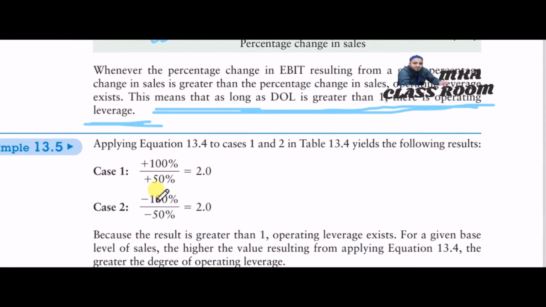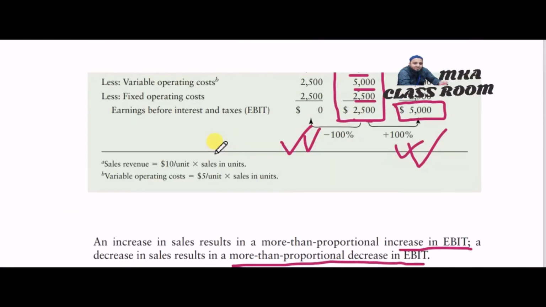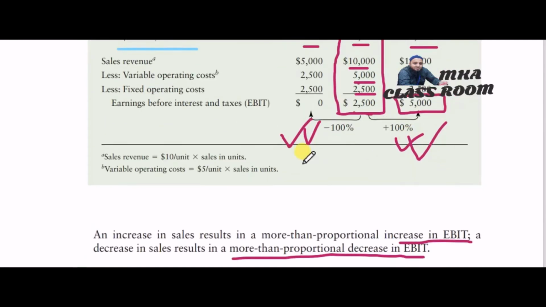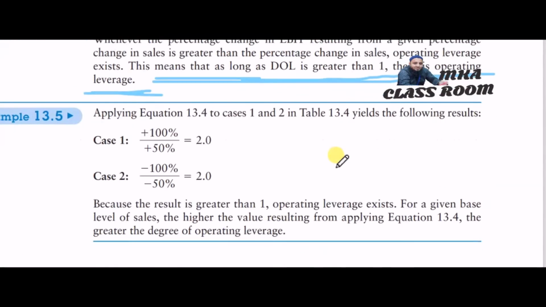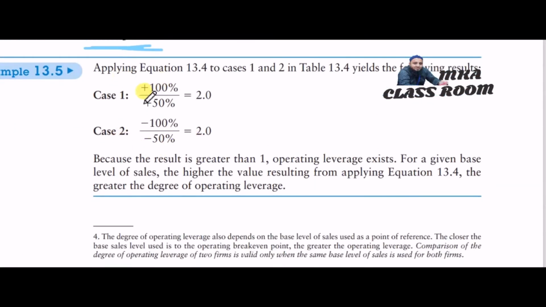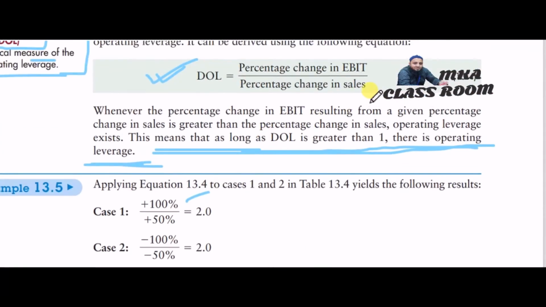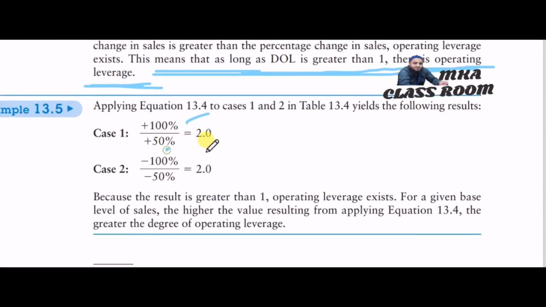In our previous examples we have seen that sales decreases 50%, increases 50%. As a result, EBIT decreases 100%, EBIT increases 100%. So now it is clear to us: percentage change in EBIT divided by percentage change in sales, 100% divided by 50%, is 2. Our operating leverage is 2.